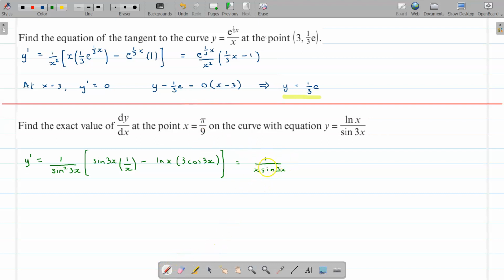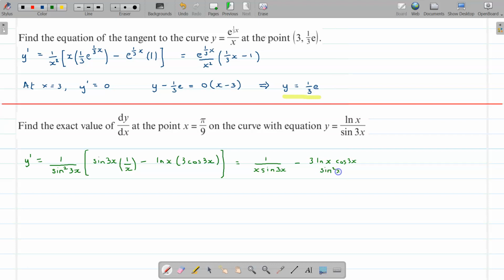So that's the first bit, and then I can take away from that 3 log x cos 3x, and put that over sine squared 3x.